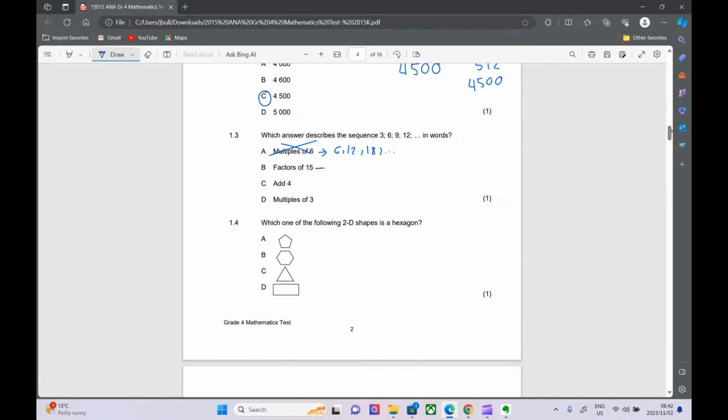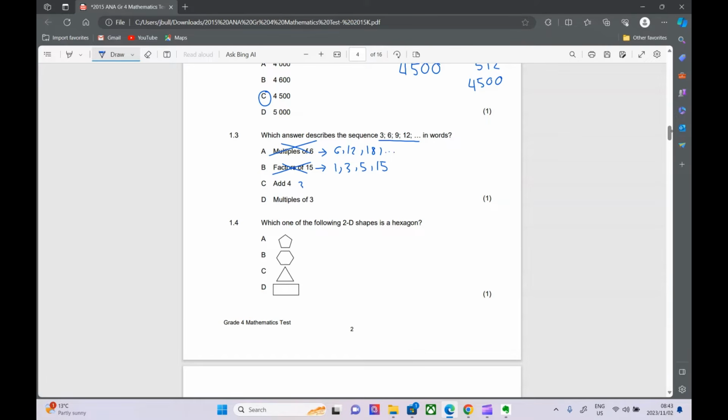Factors of 15. So these are numbers that fit into 15. So factors fit inside. So we could say 1 goes into 15, 3 goes into 15, 5 goes into 15, 15 goes into 15. Okay, so that is also definitely not the sequence. We can see it's not that 3, 6, 9, 12. Add 4, well, let's just test.